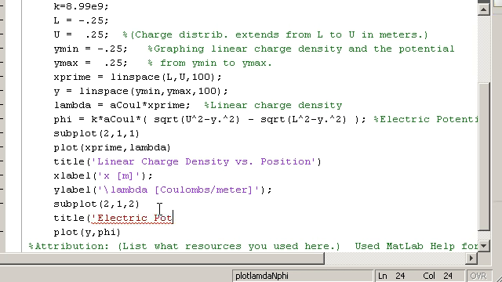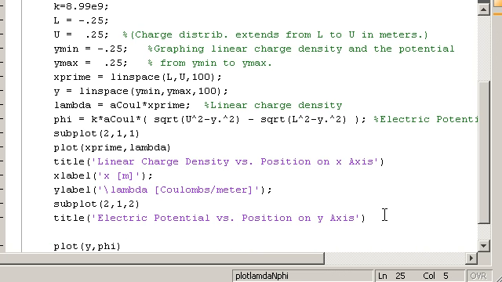And then over here, title electric potential versus position. And try it on y-axis. If that's too long, then we'll change it. Change that one too, for now.